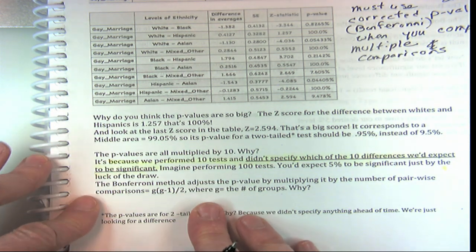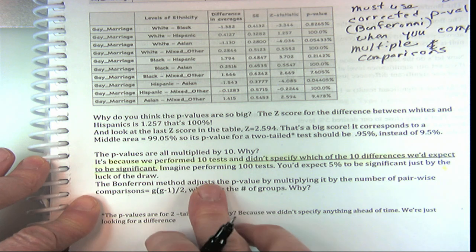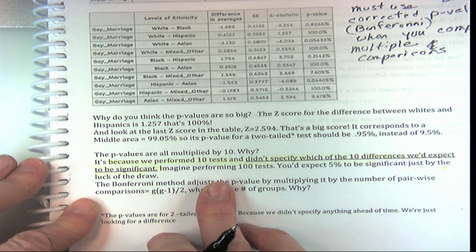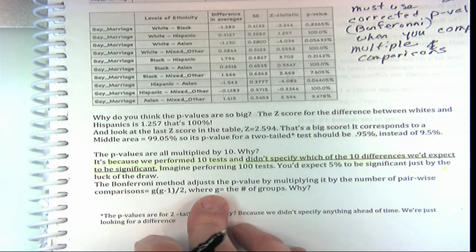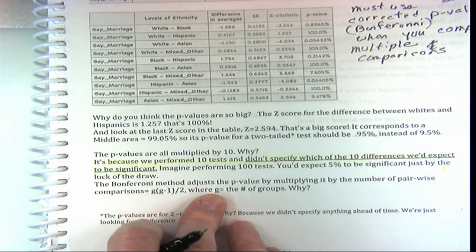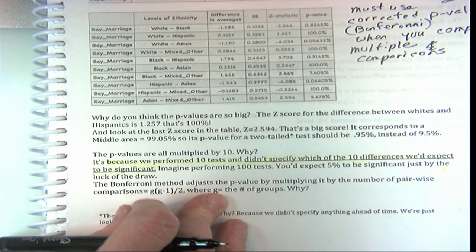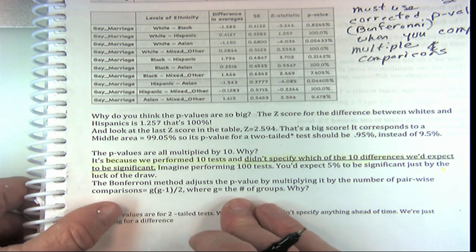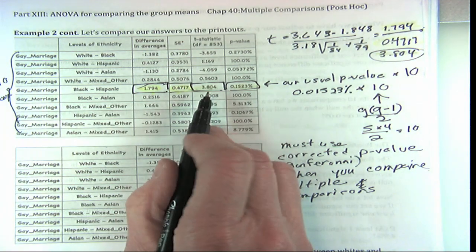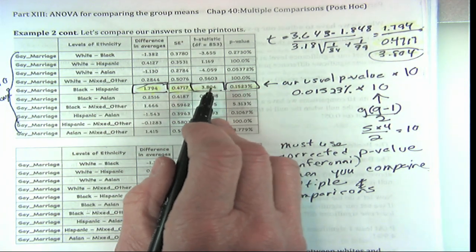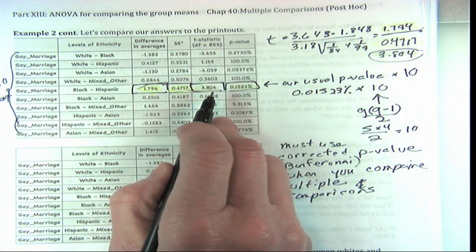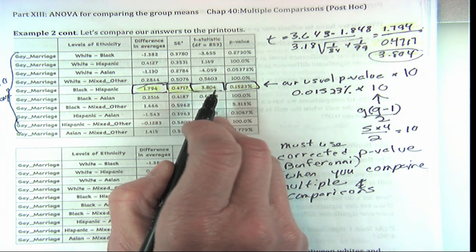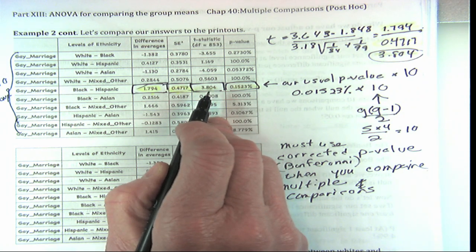So the idea is, think about it this way, what is the p-value? The p-value is the chance that you'd see such an extreme difference, we're expecting 0, like this of 3.804 just by the luck of the draw.